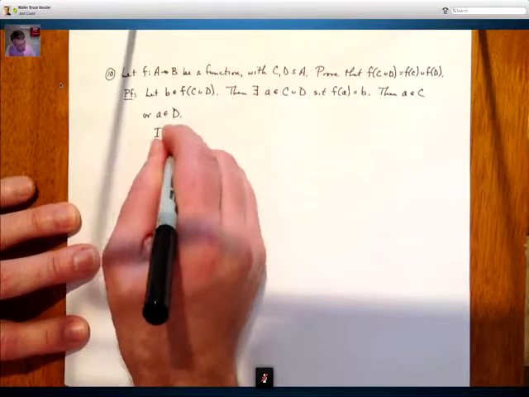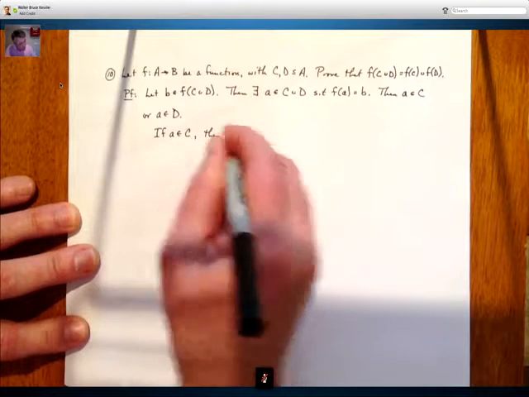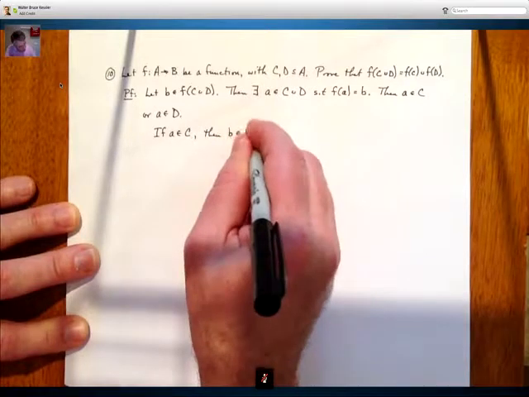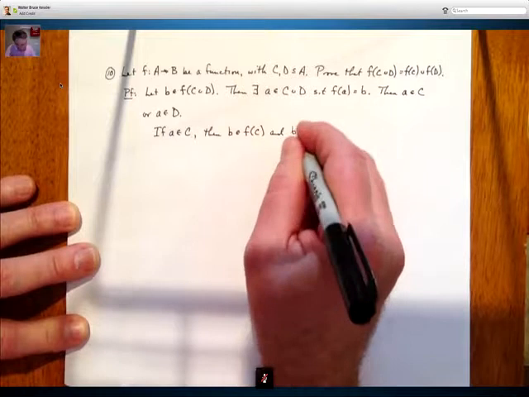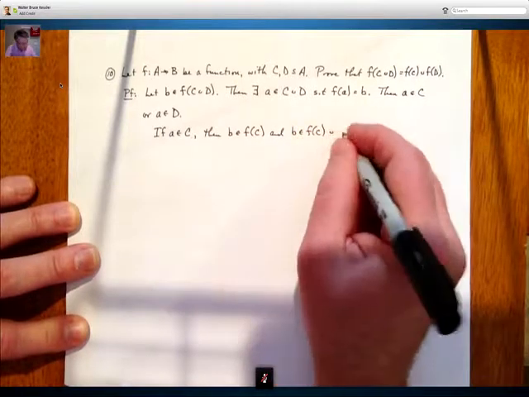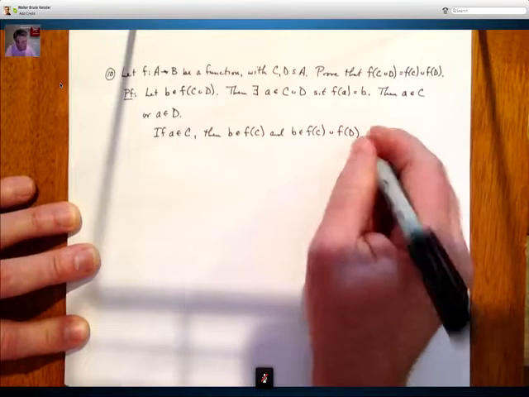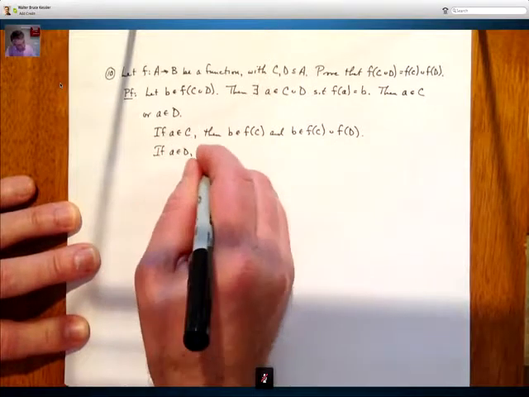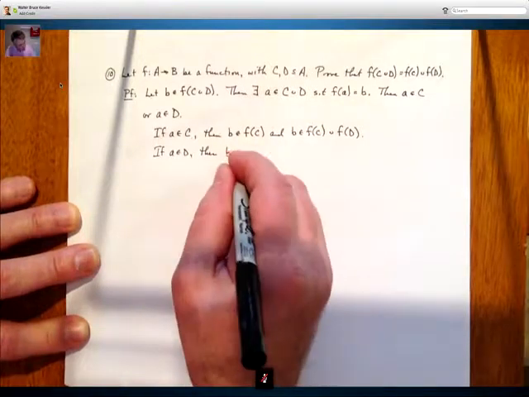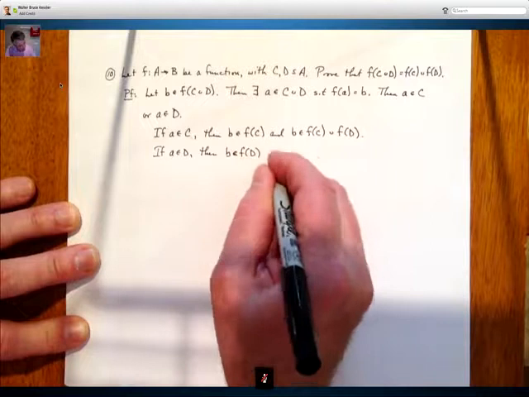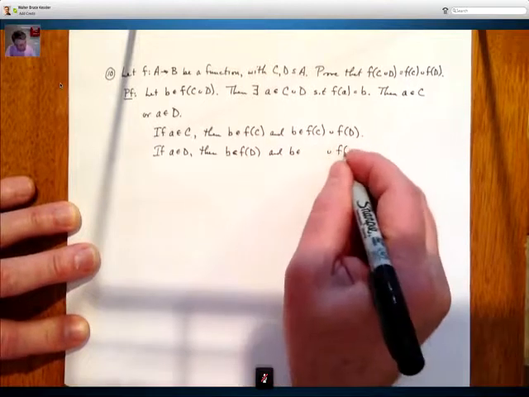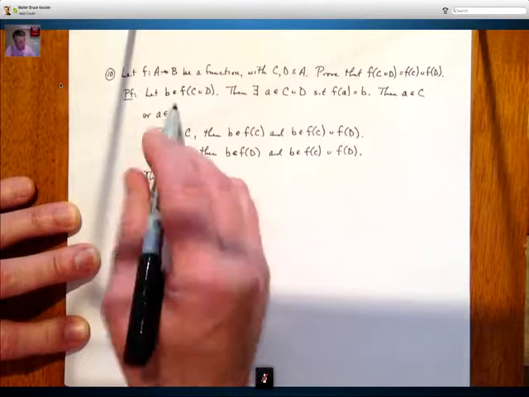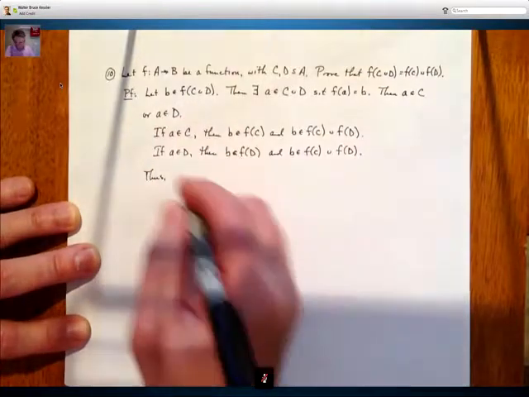So I've got to look at the two cases. If a is in C, then that means that b is in the image of C. And that means b would be in the image of C union with anything, but in particular f of D. If a is in D, then this b that I'm talking about has to be in the image of D. And that means it'd be in the union of f of D with anything, but in particular f of C. So what we've shown here is that starting with something over here, it ends up over there.